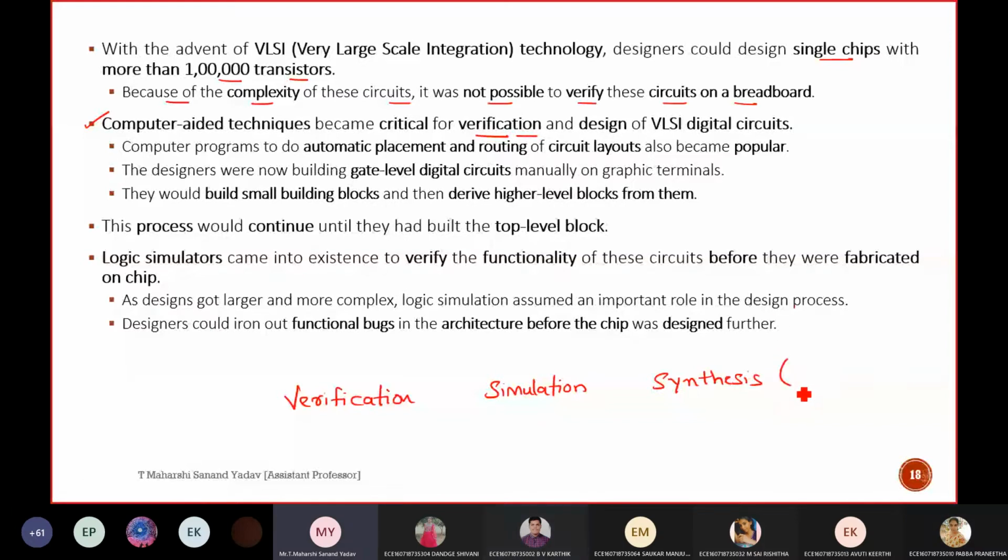Synthesis means to generate a gate level netlist. Net means wire. So I'm drawing one figure. You tell me whether this is a gate level netlist or not.